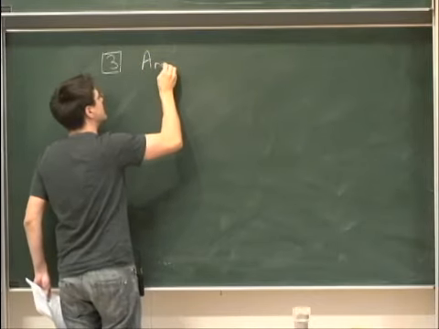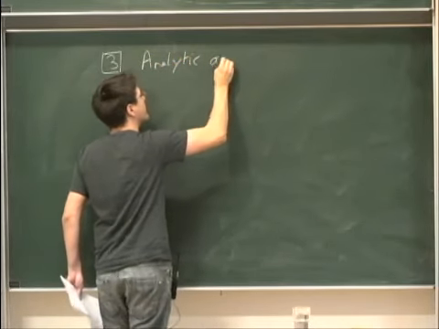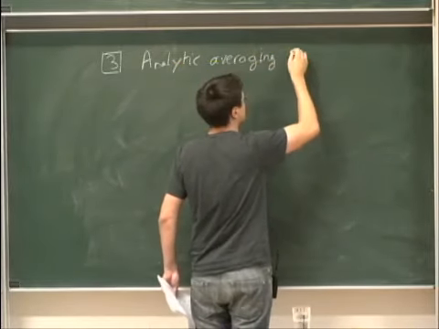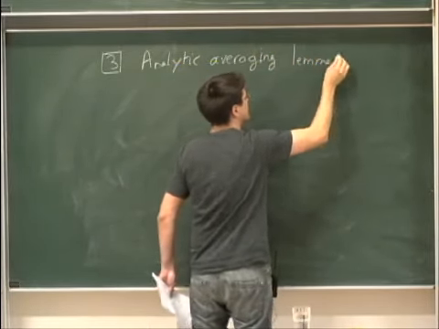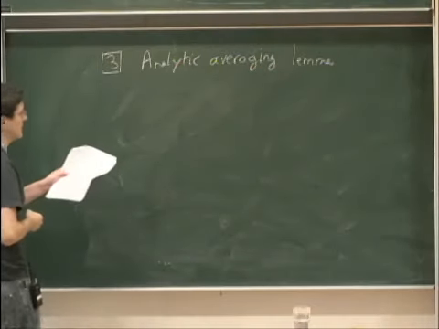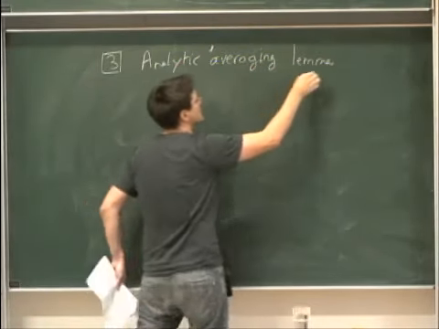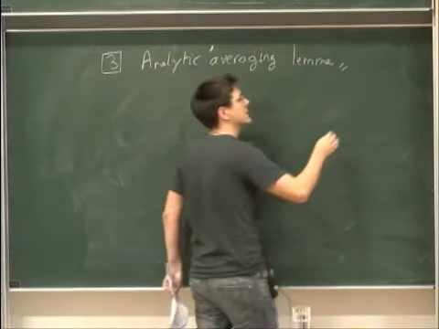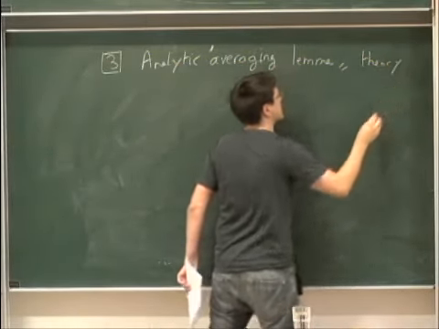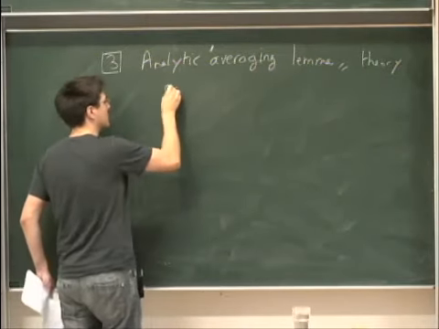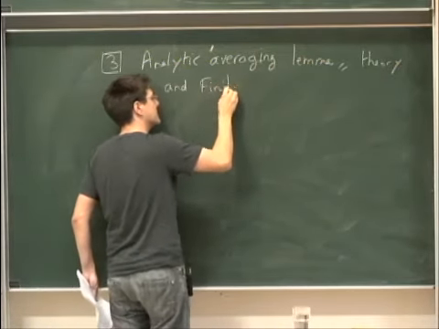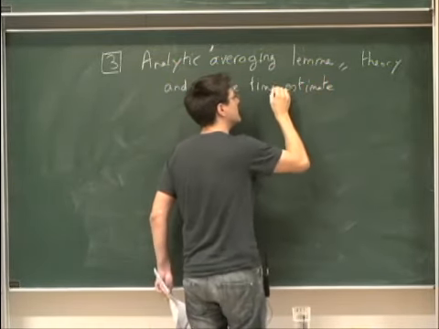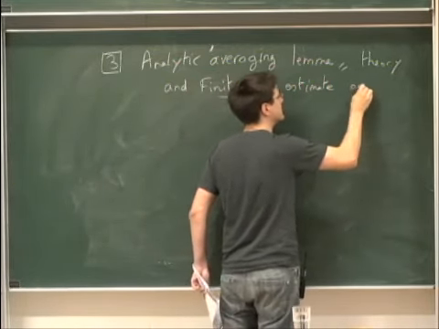So, the analytic averaging lemma, because that's a quite easy computation that can give some ideas. I don't know if it's a good name. Anyway, the goal is a finite time estimate on the density.